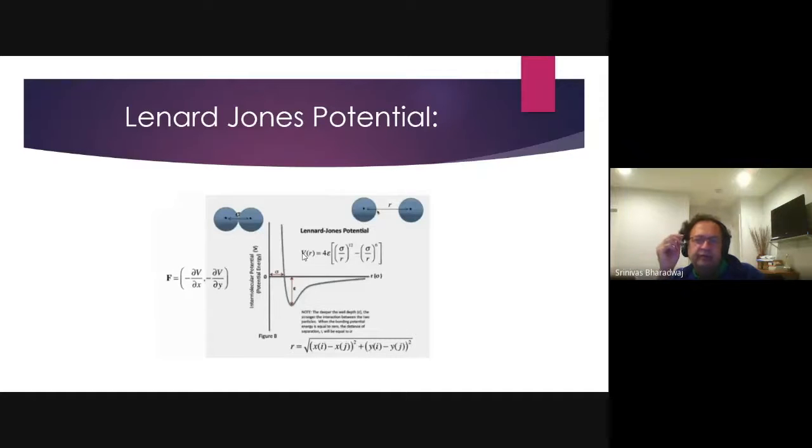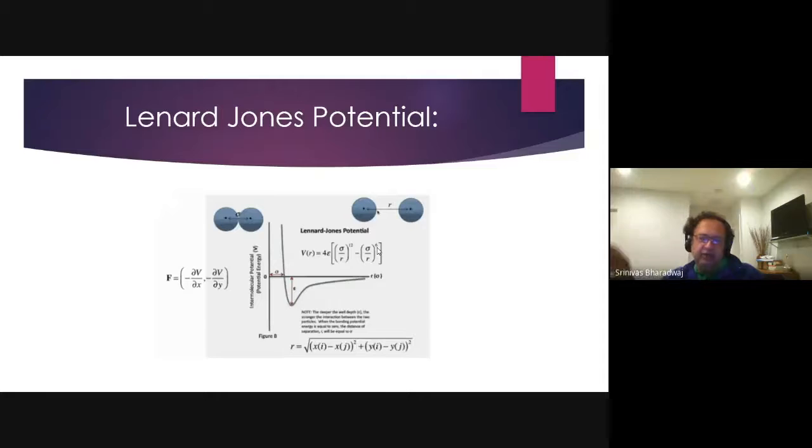Now, one of the ideas was these two ideas which deal with the Lennard-Jones potential and the van der Waals equation. Lennard-Jones came up with this theory that the potential energy is 4 times sigma by r to the power of 12 minus sigma by r to the power of 6 for two molecules.